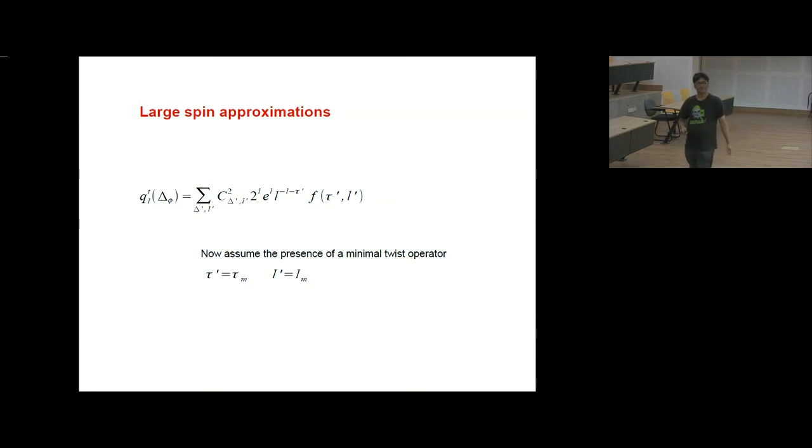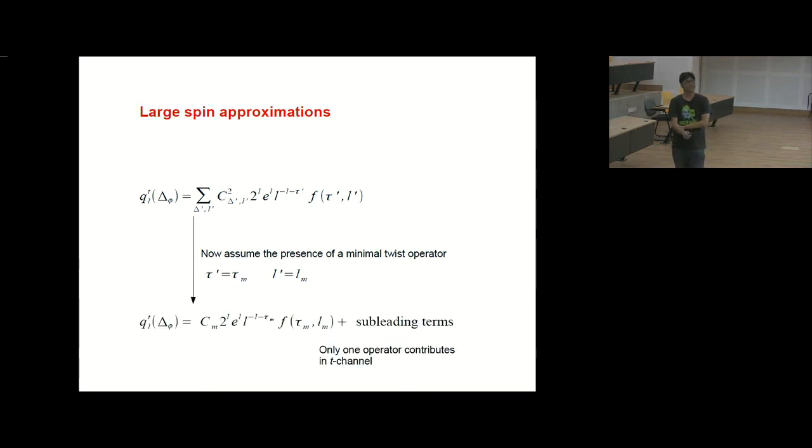This minimal twist operator I label as tau prime equal to tau m, and L prime equal to Lm. So what I have done here is, only one operator in this sum is going to contribute at leading order because of the large L that I have here.